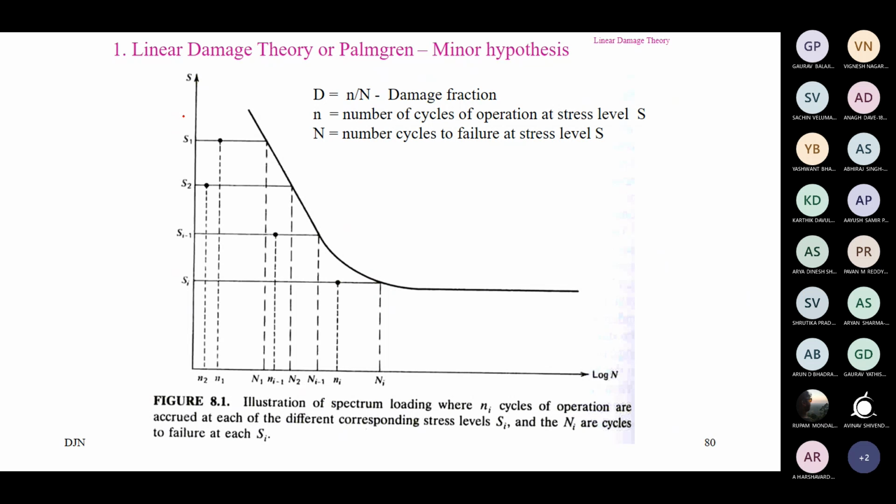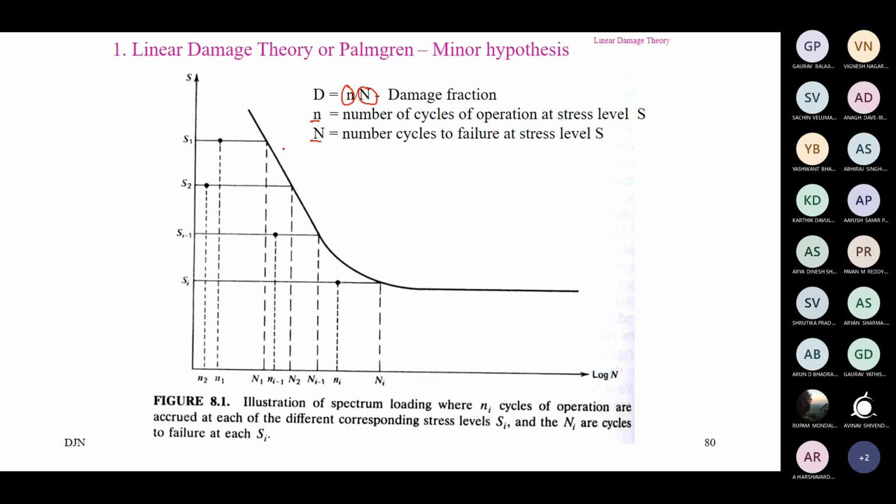Next, let us look into the linear damage rule. So it is quite simple. The basic postulate of this I have already explained in the last class. You can see the damage fraction or damage accumulated is the ratio of small letter n by capital N. Now you have to be in a position to clearly distinguish what is small letter n, what is capital N. If you understand what is small letter n, what is capital N clearly, then nothing is there in this theory.